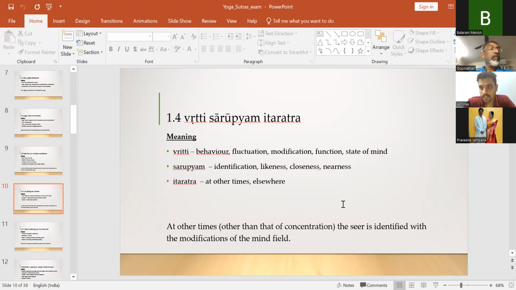Vritti sarupyam itaratra: itaratra means the others who are not established in the chitta vritti nirodha state; they are identified with their vrittis, their behavior or fluctuations. Clear?